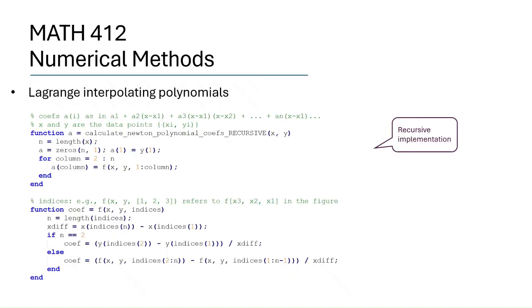So I implemented the code years ago. The algorithm, that's my lab code. How to find the coefficients for? Oh, that's not Newton. I'm sorry, Newton's interpolating polynomial. I just copy pasted.